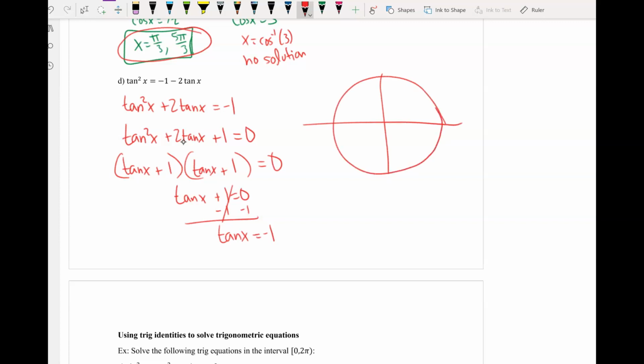So -1 is going to be here, and then also here. Okay, so then this will be 3 pi over 4, and 7 pi over 4. And we're only looking at from 0 to 2 pi, so x is going to be equal to 3 pi over 4, and also 7 pi over 4.